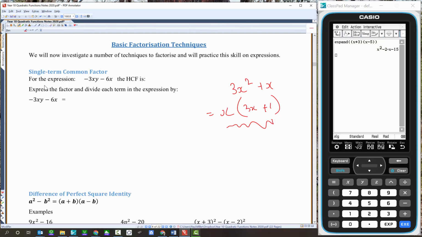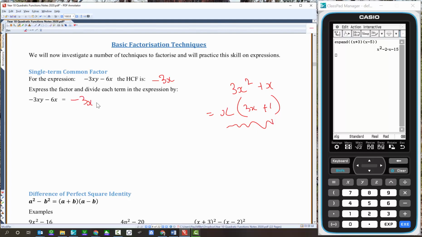We're going to look at this expression here and note the highest common factor. It's got an x and an x. 3 will go into 6, so it's going to be 3x. But what I want you to do is concentrate on pulling the negative out as well, so that the first term is a positive. That's really important. So the highest common factor at this stage is negative 3x.